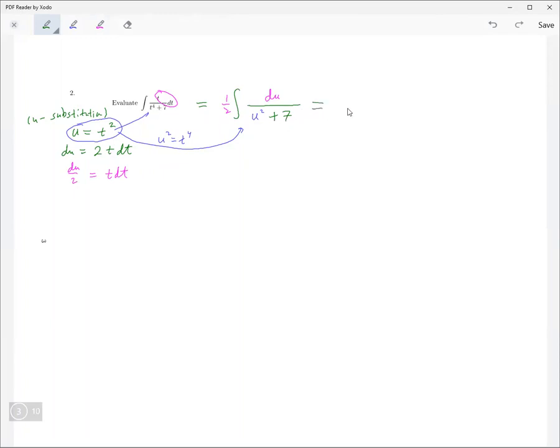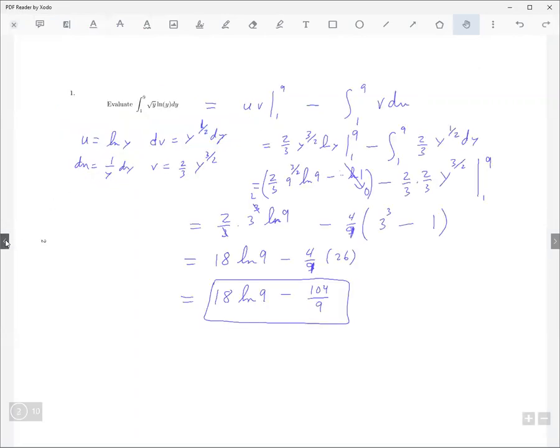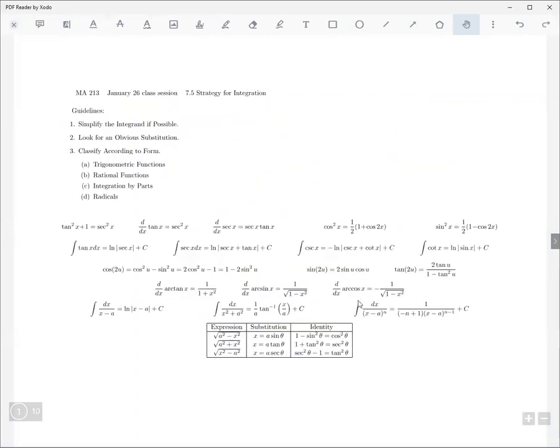Okay, and then here, this one right here, you can use this formula here. So here we had u squared plus 7. So that means a is the square root of 7. So you put the square root of 7 there and the square root of 7 there, and then u's there.